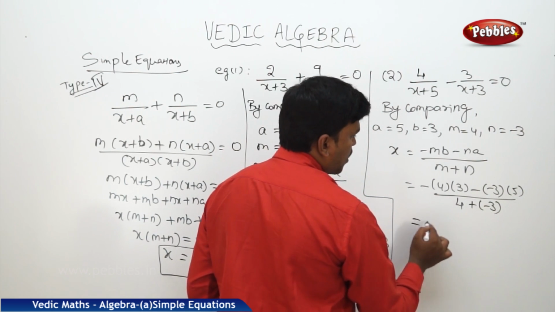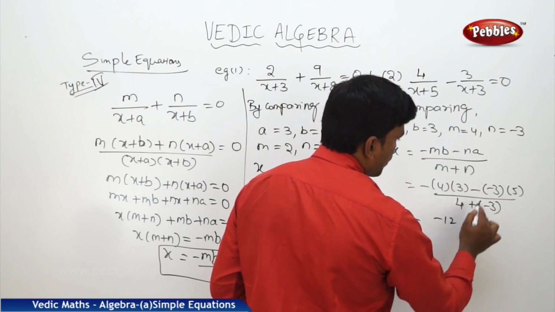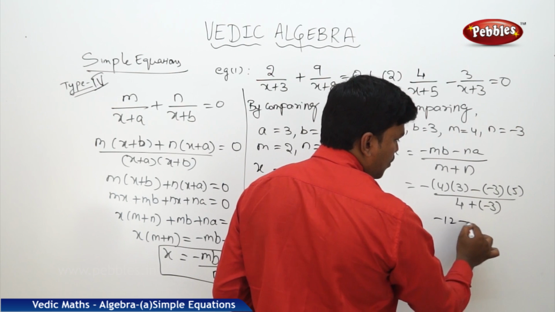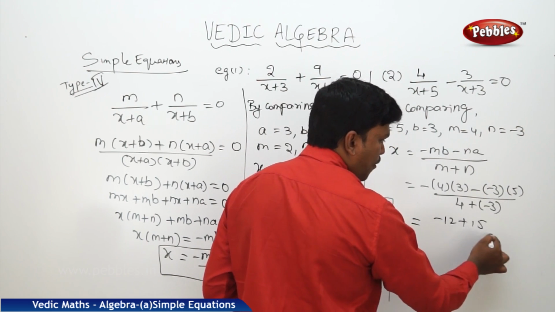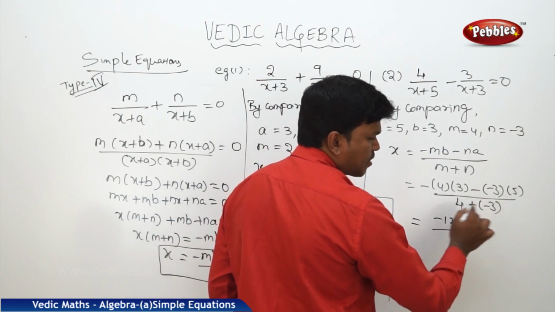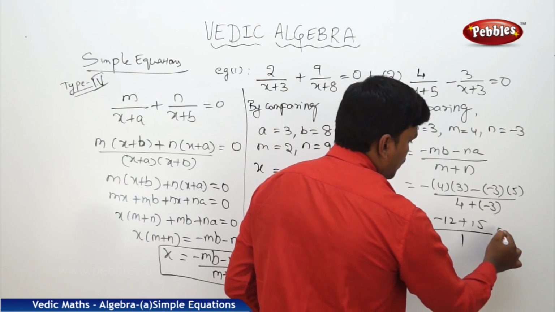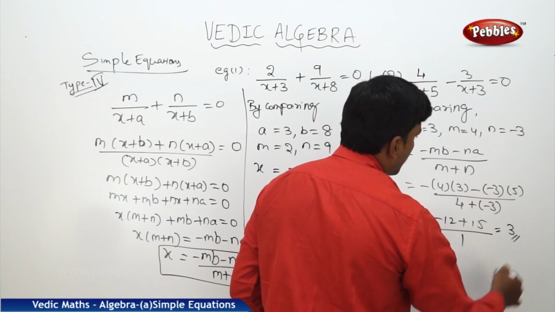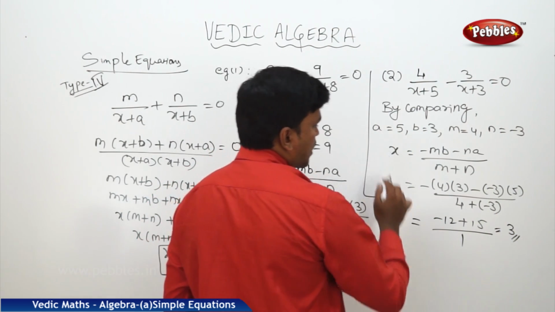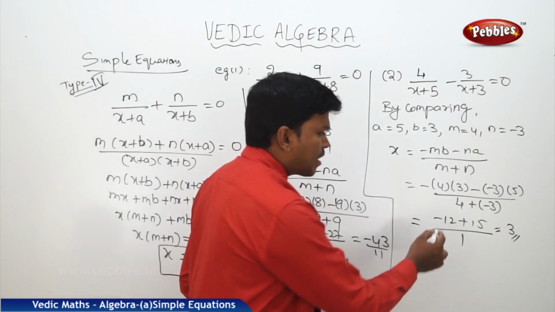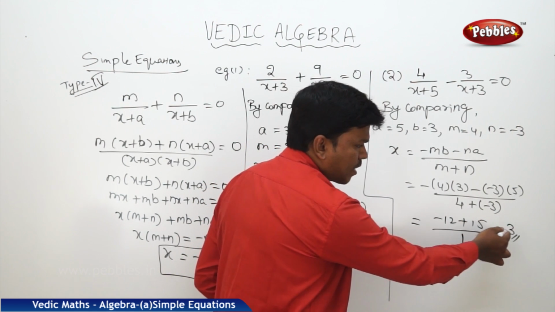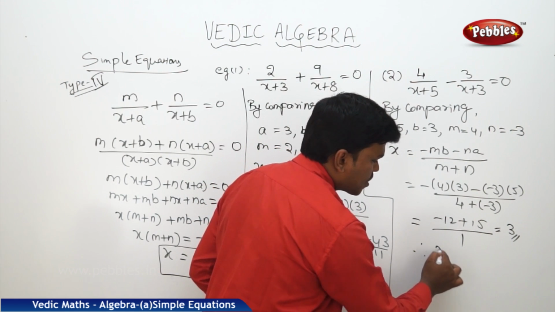So minus 4 into 3 is minus 12, minus of minus will become plus, so 3 into 5 is 15, by 4 plus of minus 3, which is 4 minus 3, that is 1. So minus 12 plus 15 by 1, that is equal to 3. Therefore, what is the x value we got?